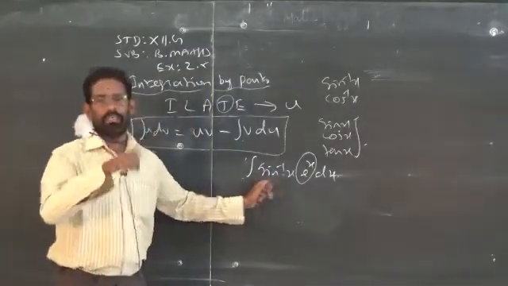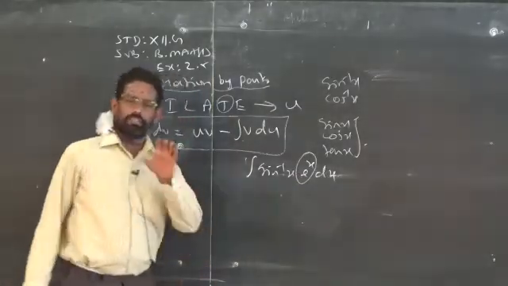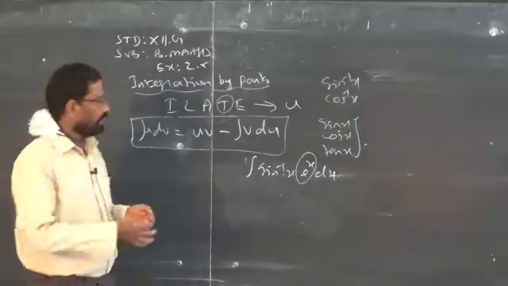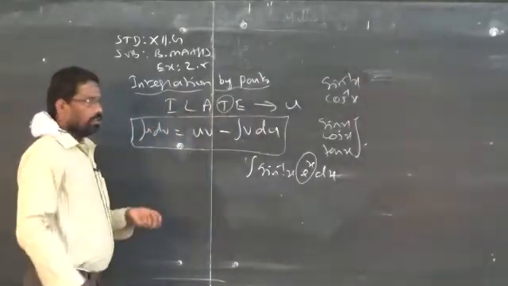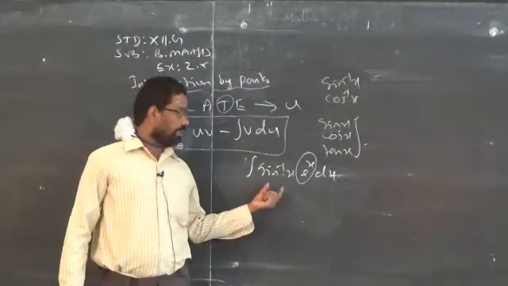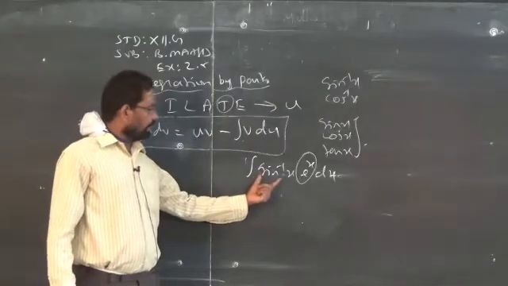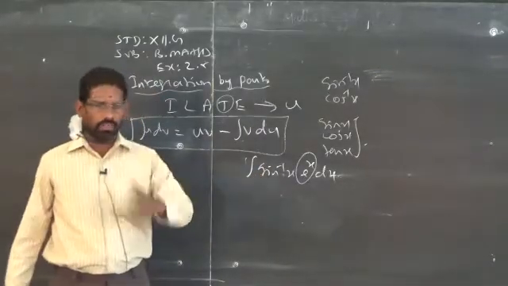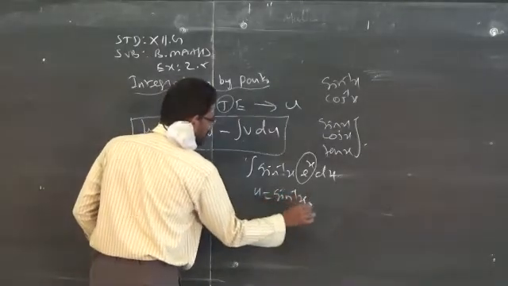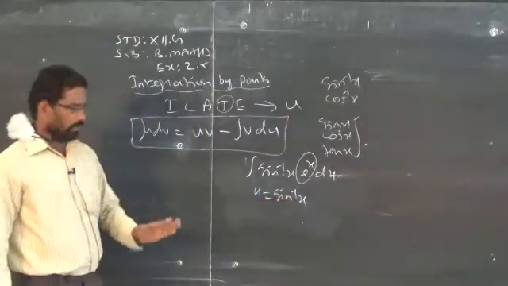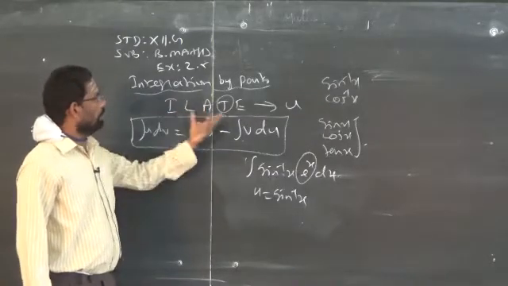So the one which is not integrable directly will always be considered as U. To simplify it, they gave ILATE. So we don't have a formula to integrate sine inverse of x straight away, therefore you have to consider sine inverse of x as U. That is the procedure. This is for your understanding purpose, they gave ILATE.